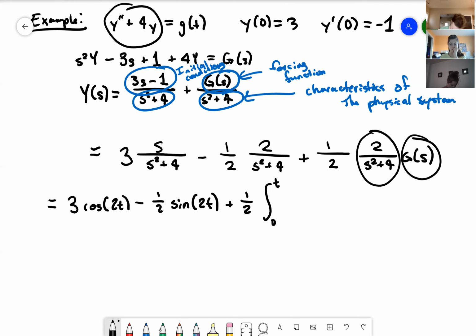So this can be written as an integral: sine of 2 times (t minus tau) times g of tau d tau. Now, if g of tau is a particularly nice function, then we can do this integration, for example, integration by parts.